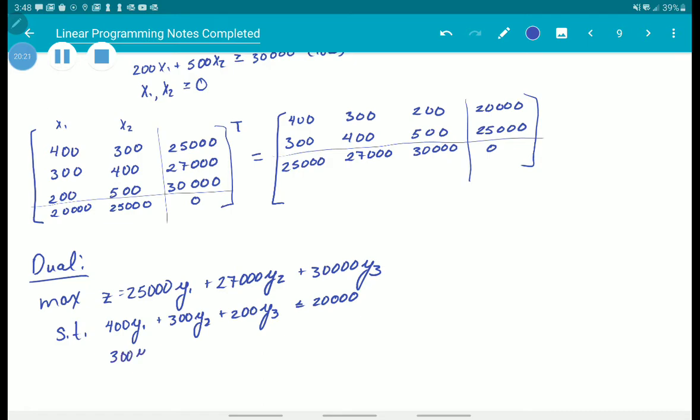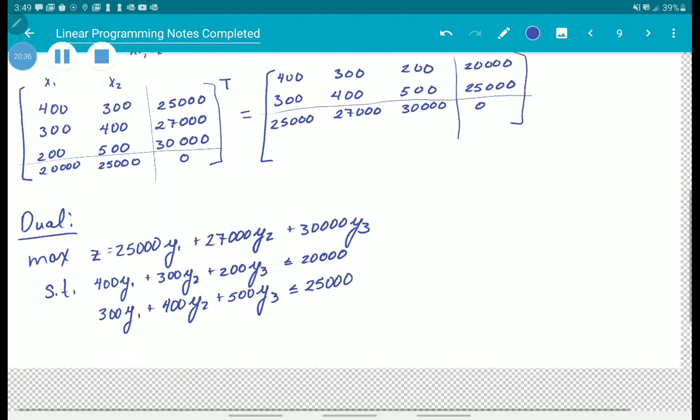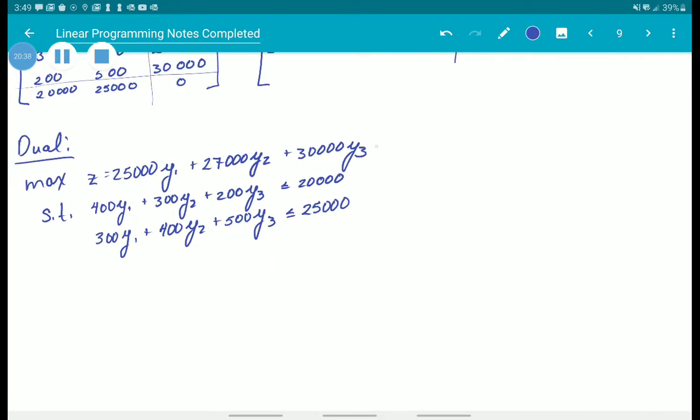And 300 y1 plus 400 y2 plus 500 y3 is less than or equal to 25,000. So there's our dual.